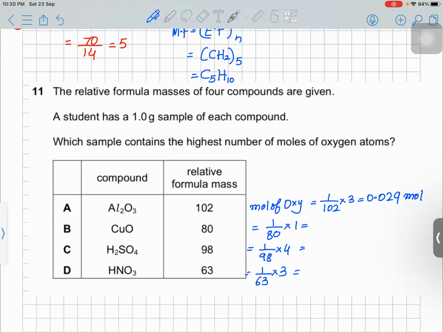First one you get 0.0125. And 4 divided by 98 is? So for the third one is 0.04.